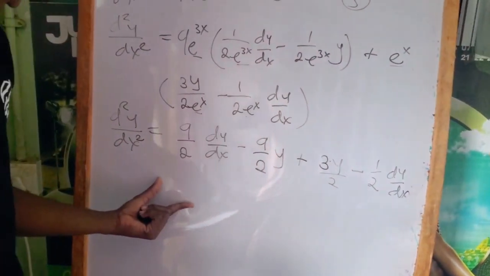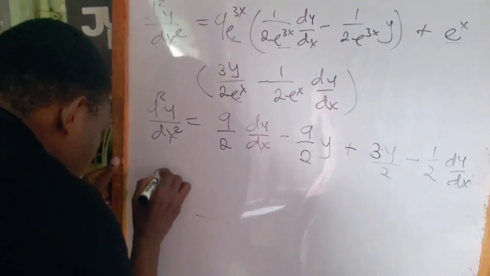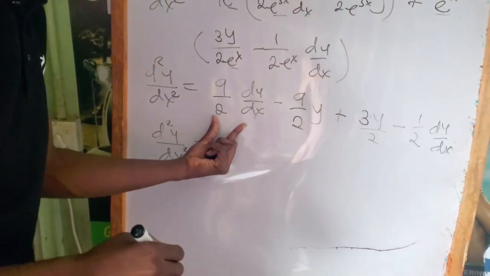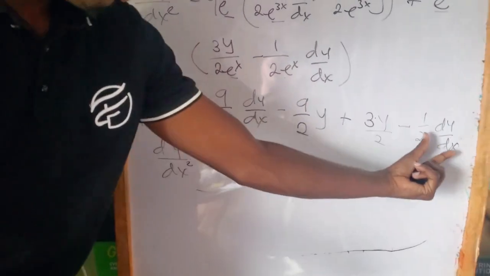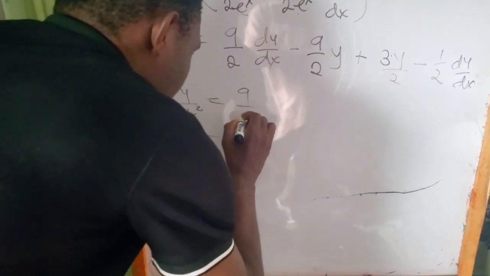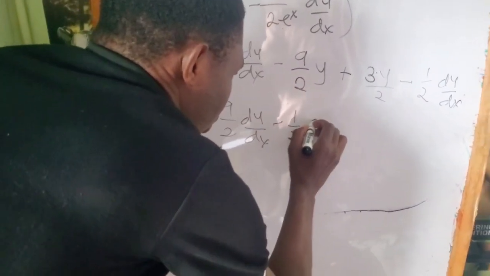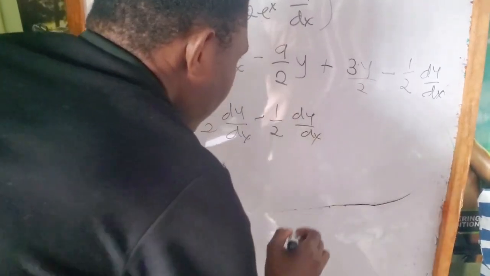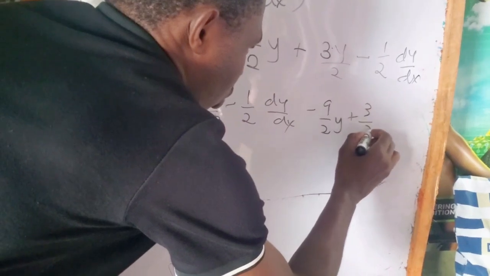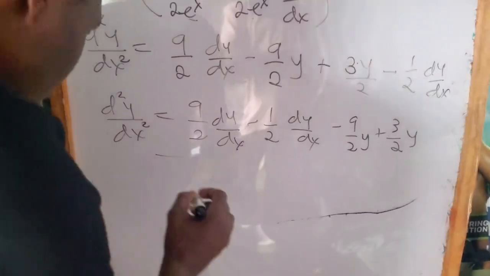Okay, so we are left with this, and the next step is to collect like terms and simplify it. So the 2y dx squared is equal to 9 all over 2 dy dx. To bring this with dy dx, bring them together. So this is 9 all over 2 dy dx minus 1 all over 2 dy dx, minus 9 all over 2y plus 3 all over 2y. All right, let's add these together.